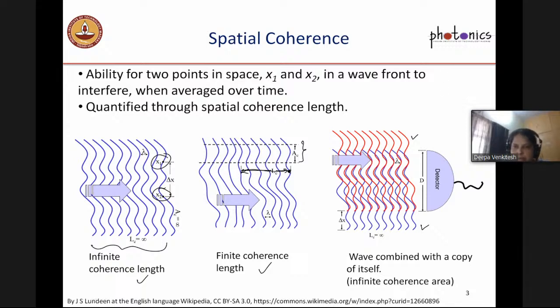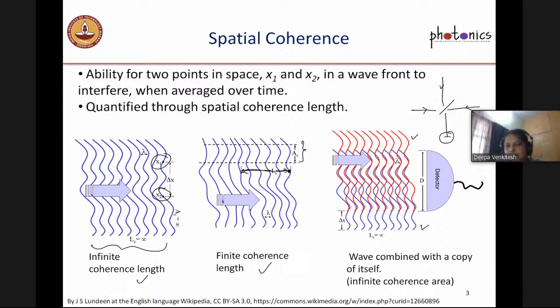You have the beams coming from both the arms, and you combine them with a beam splitter, and you see the dark port. So this is what happens in the detector here. You can imagine that these two, red and blue, are coming from the two arms of the interferometer. This particular example shows that they are coherent, they have infinite coherence length and an infinite coherence area also, but they are not aligned in space.